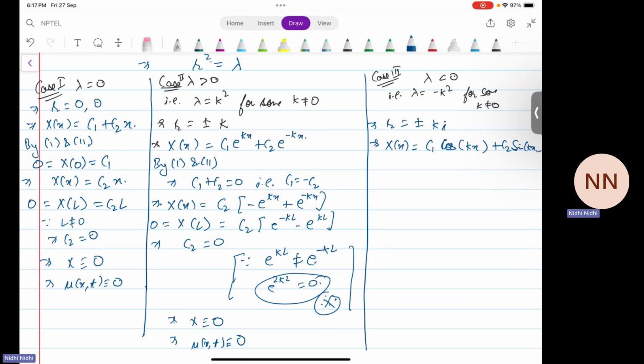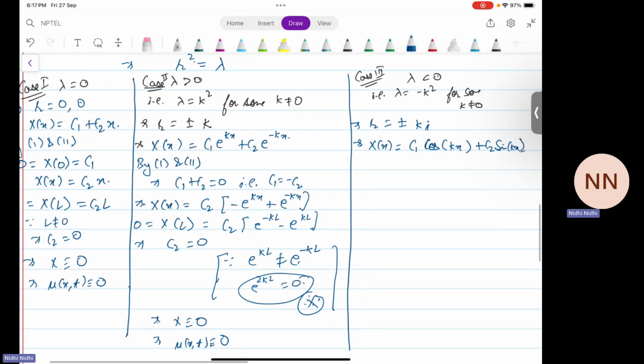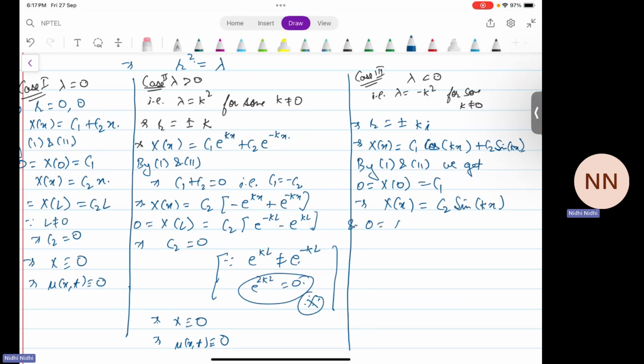Now by the initial conditions, by first and second, we get 0 is equal to X at 0 is equal to c1. This implies X is just c2 sin kx, and 0 is equal to X at L, which is equal to c2 sin kL.